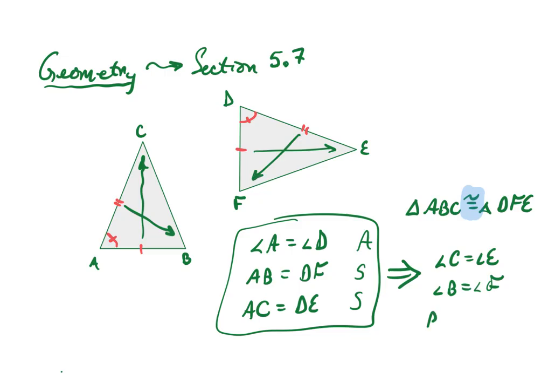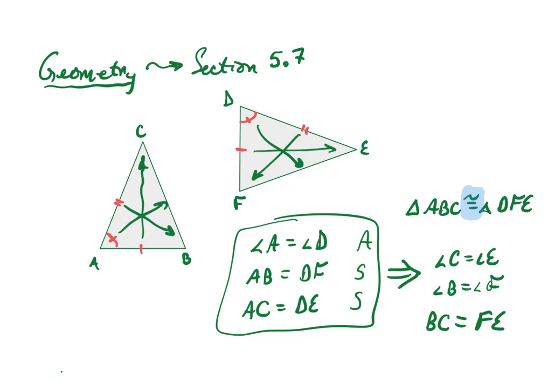And the remaining side in one triangle, BC, has to be equal to the remaining side in the other triangle, FE. Those are the sides across from the angle with one tick mark, so those are all equal because they're corresponding parts. Okay?